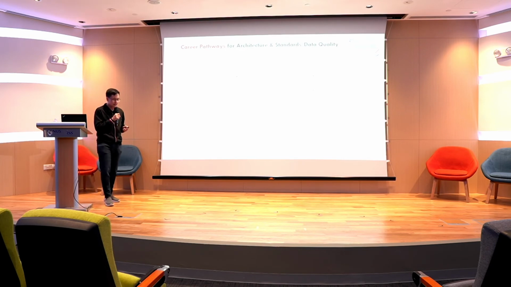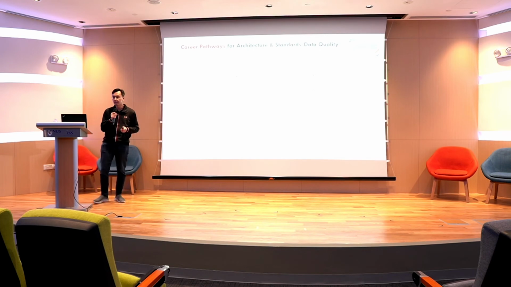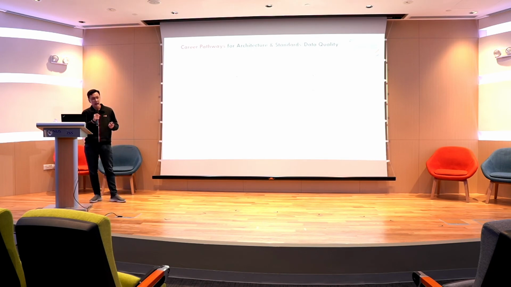We have an enterprise architecture team and a solution architecture team, which I explained earlier, and our data quality team at the top right-hand corner. Currently, we don't really have domain architecture and information architecture, but we have planned for it. This is for architects who want to be more specific on a domain, like infrastructure or information, so they can have a career pathway.